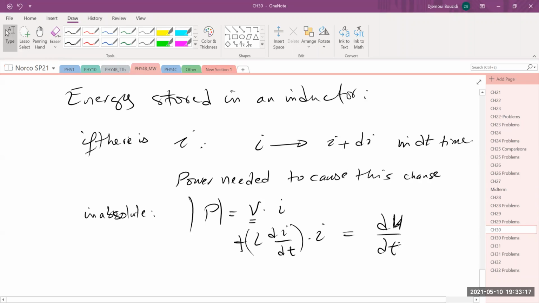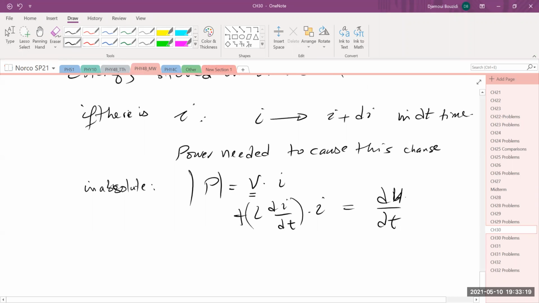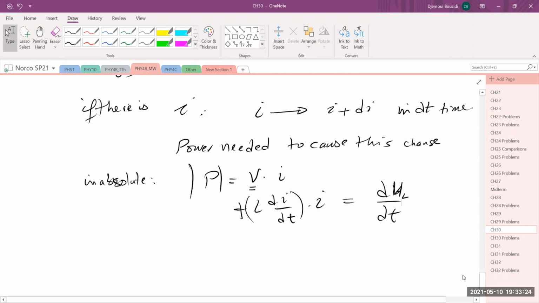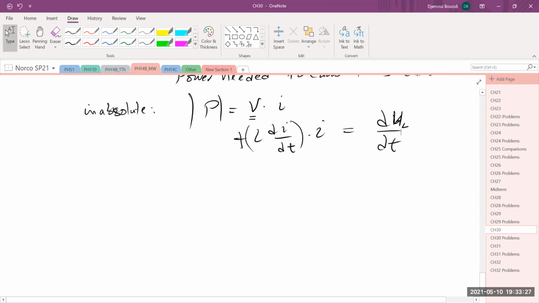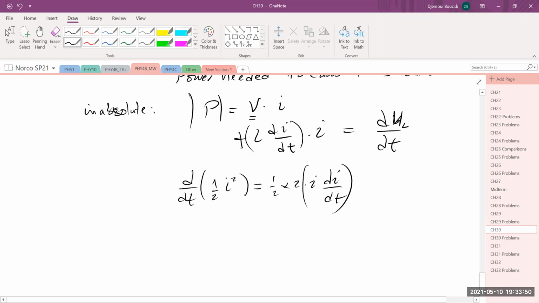I'm going to integrate both sides to find the energy stored in an inductor. So I'm going to address it with the letter L in here because I want to refer to it as an inductor. The energy inside an inductor. Again, if you take the derivative with respect to time of 1/2 of I squared, we do the product rule in this case. So the two drops, and then you will be left with an I dI/dt, and this is exactly this product.